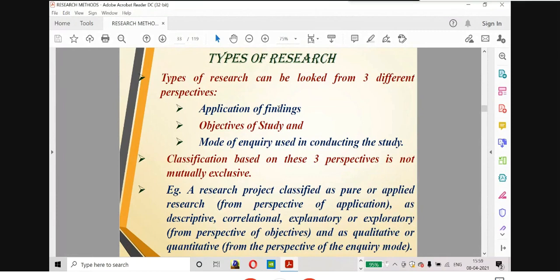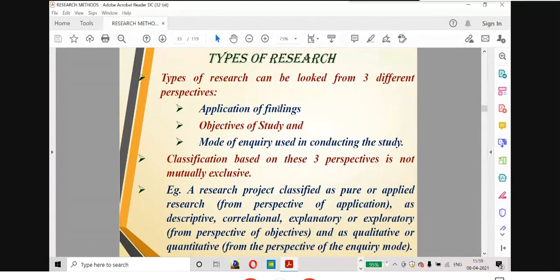Then it can be classified as descriptive, correlational, explanatory or exploratory from the perspective of objectives. That means your objective of conducting the research may be just to describe a process, or to correlate between two things, or to explain what is happening, or to probe and explore the reasons for what has happened.